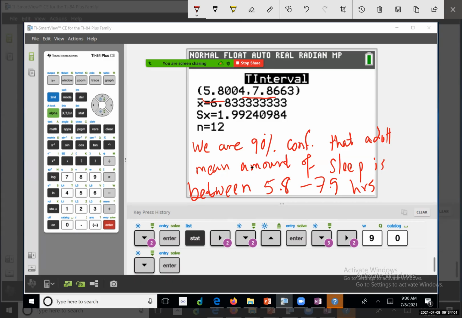We are 90% confident that the adult mean amount of sleep is between 5.8 and 7.9 hours.